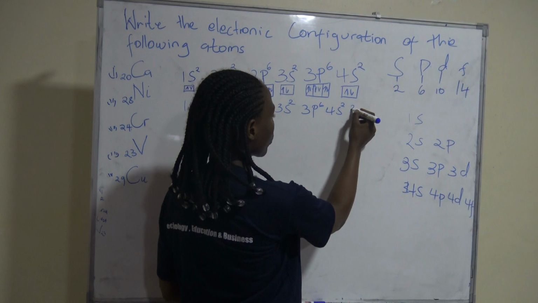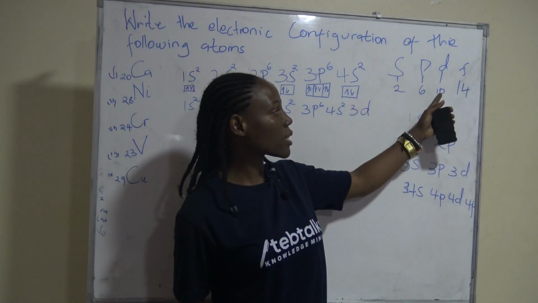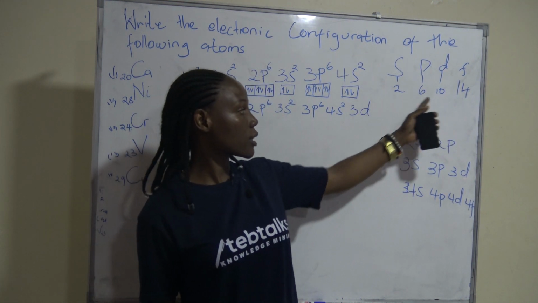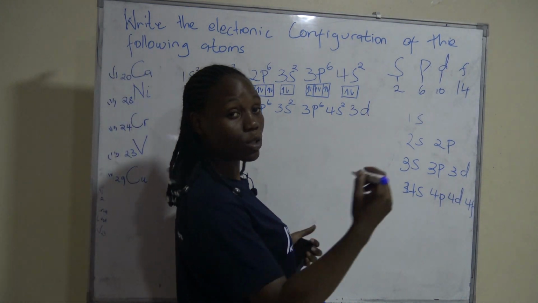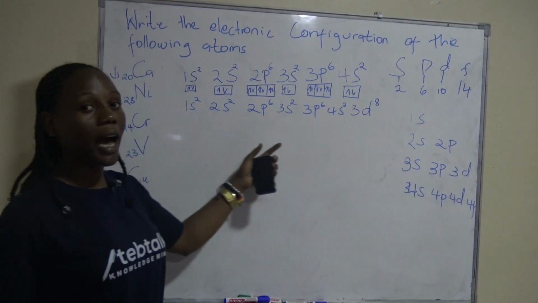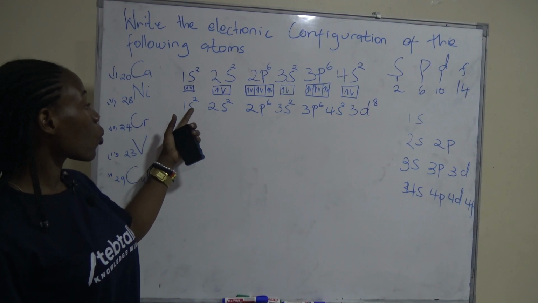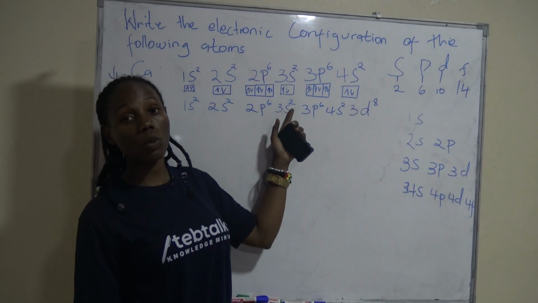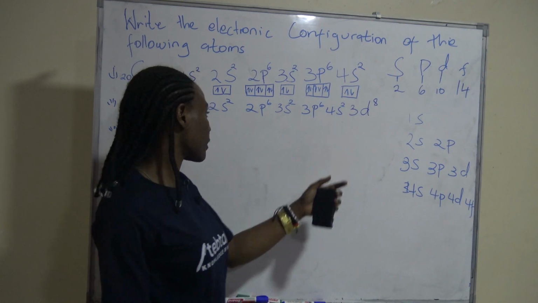The d takes in a maximum of 10 electrons, but we have a balance of 8, so it is that balance of 8 that you are going to write there. And the electronic configuration of nickel becomes 1s2, 2s2, 2p6, 3s2, 3p6, 4s2, and 3d8.